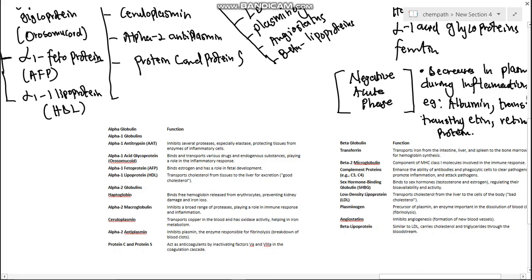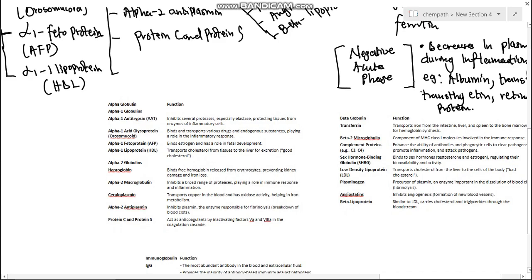Then we have high density lipoprotein or alpha 1 lipoprotein. This is what we call the good cholesterol. It mops up the bad cholesterol from the body, transporting cholesterol from the tissues to the liver for excretion. So high density lipoprotein is an example of an alpha 1 protein.